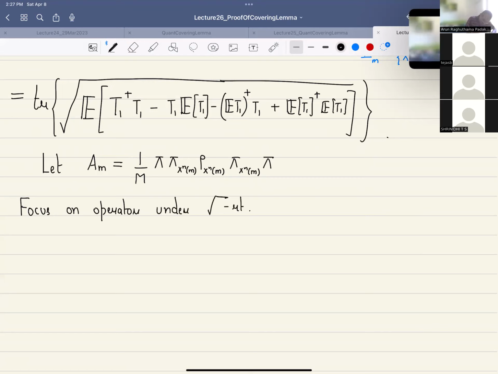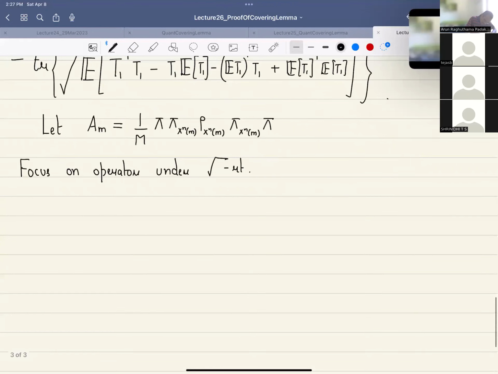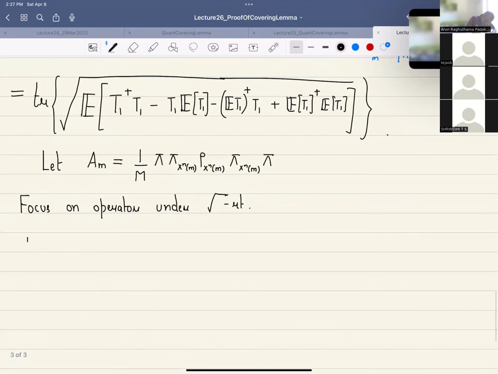So I have expected value summation A_M dagger A_L minus summation A_M. Oh, there is a dagger missing here. A_M dagger.